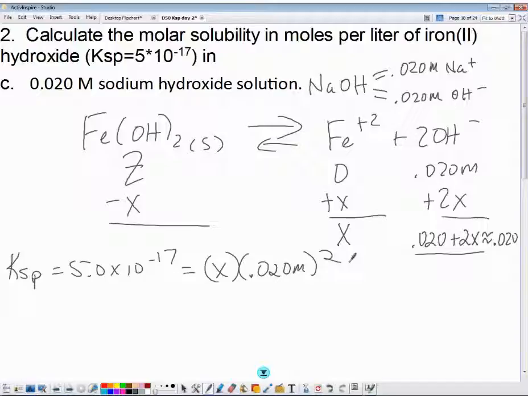That just means initially, before anything happened, there was no iron present. And when you have pure water, there's no ions, period, present. When you have a common ion, it means that only one of your two ions already has an amount present.